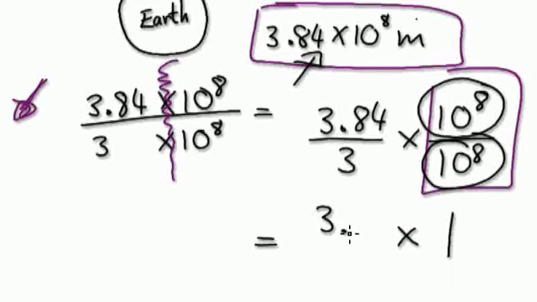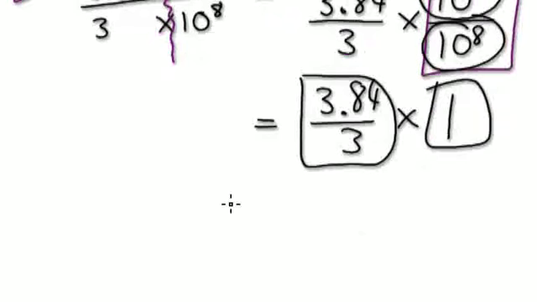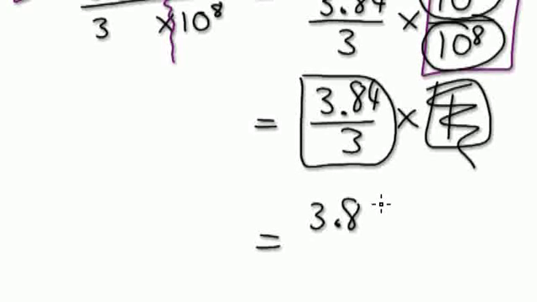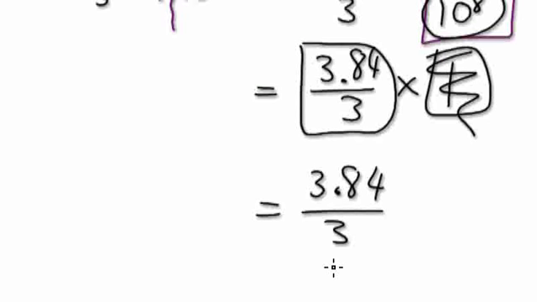That times 1, we can forget about the 1 in that case. So it just boils down to this. And remember the answer is in seconds. So this is the time it takes for the laser to get from Earth to the Moon.